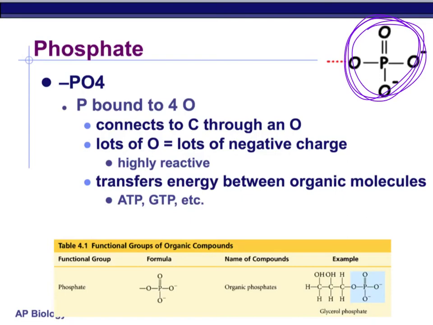They are connected to the carbon through one of the oxygens. Now, because you have all of these oxygens, you have a ton of negative charge, which makes this molecule very, very reactive, which is why we find it in ATP, because it's an easy way to transfer energy between organic molecules.